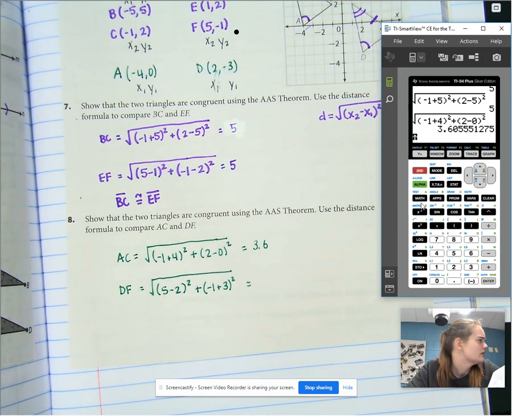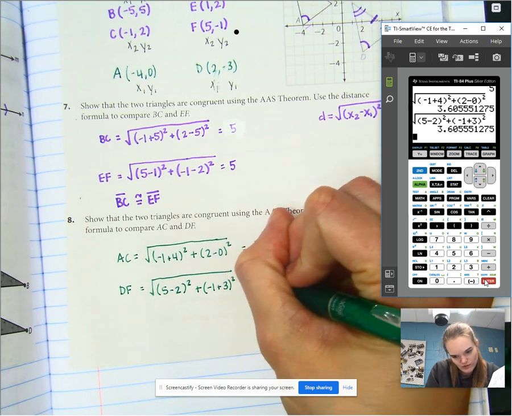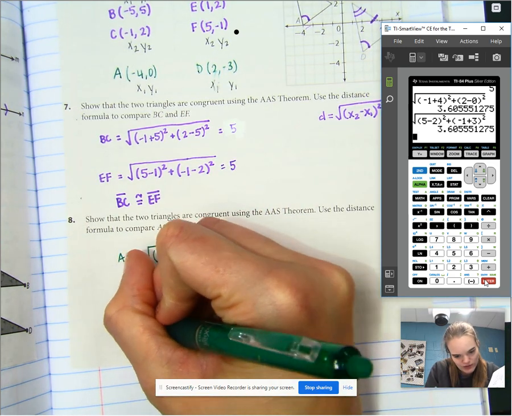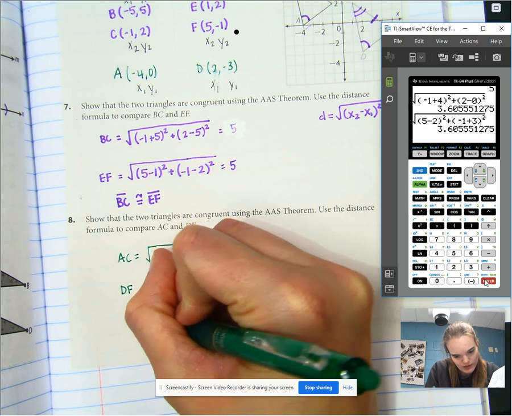Make sure I type it in right. Second x squared, 5 minus 2 squared plus negative 1 plus 3 squared. 3.6. So AC is congruent to DF.